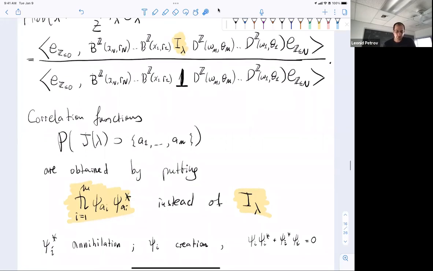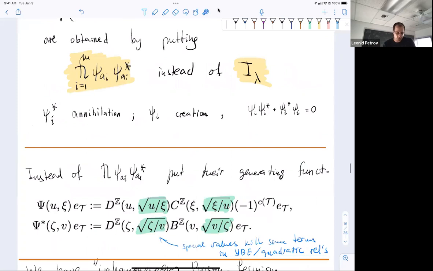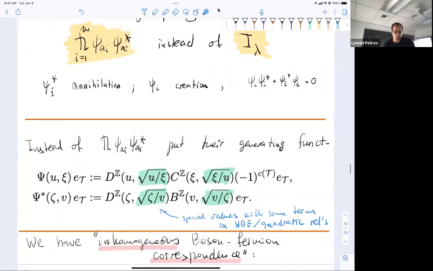So instead of individual operators, we can actually put generating functions of c and c star in the following form. So this is my last slide, I guess, and maybe I have one word about probability, but before that, let's take their generating functions. Instead of individual little psi operators, I'm going to pick special parameter combinations in the operators A, B, C, D. Why do we do this?